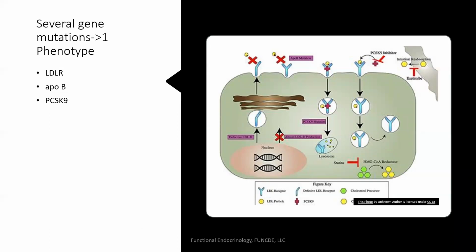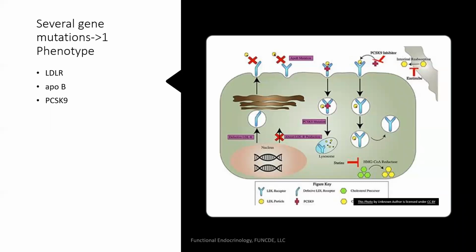LDL is bad cholesterol, and there are several genes responsible for LDL cholesterol production. As a result, we can have very high LDL, which we call familial hypercholesterolemia, because of different parts of the gene that got mutated.